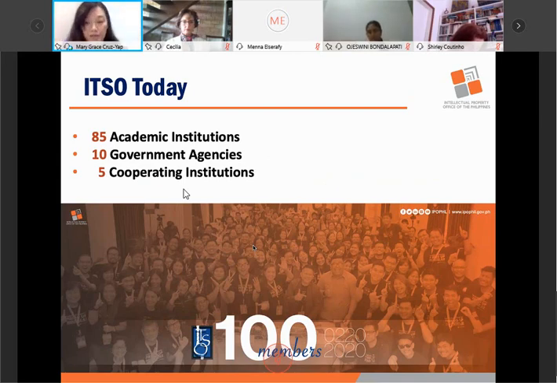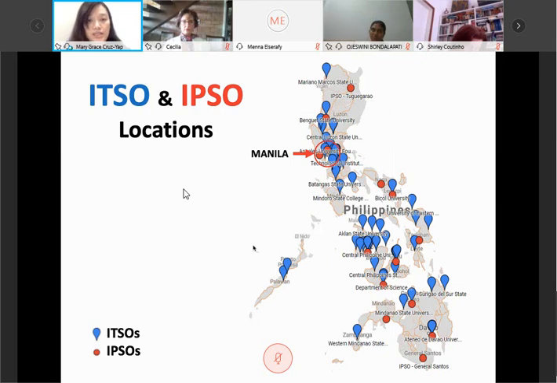The ITSOs today in the Philippines number 100 strong as of February 2020. We are now 85 academic institutions, 10 government agencies, and 5 operating institutions. So ITSOs and IPSOs are located nationwide.